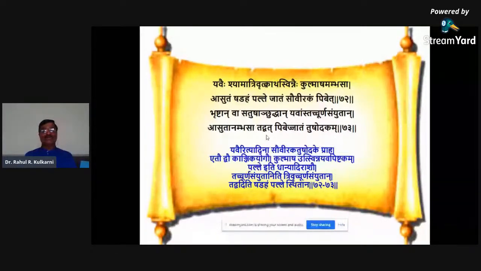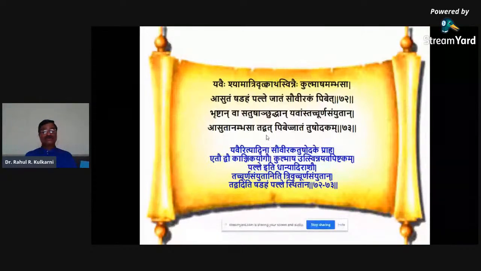When the kwatha of trivrut is boiled along with yava, the final product is subjected to what we call sandhana for 6 days. Shadaham palle jatam savviraka pibet. And this is yava which is converted into savviraka as a sandhana kalpa.